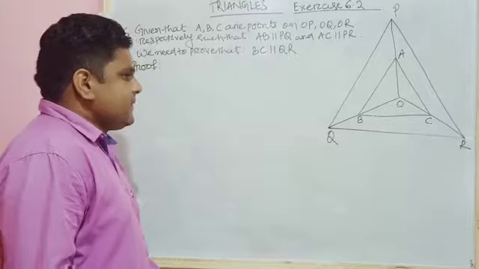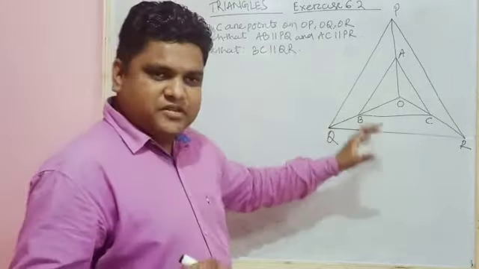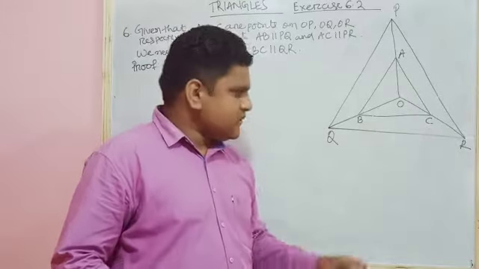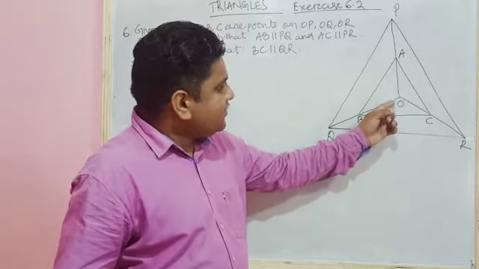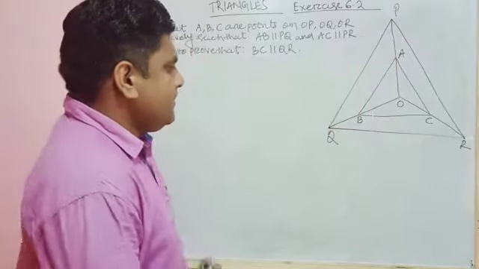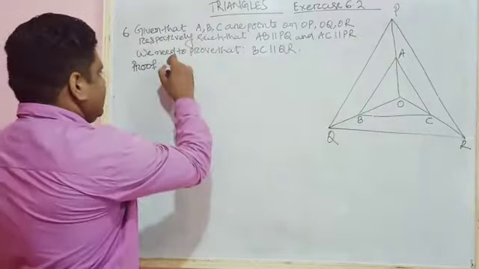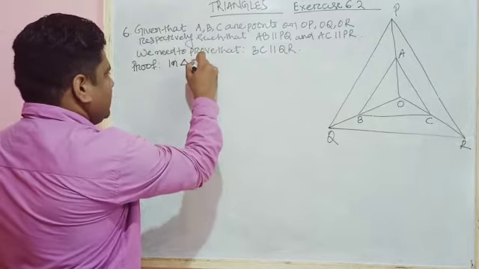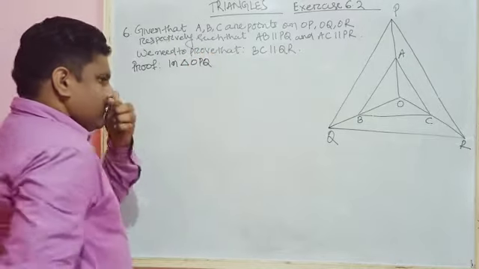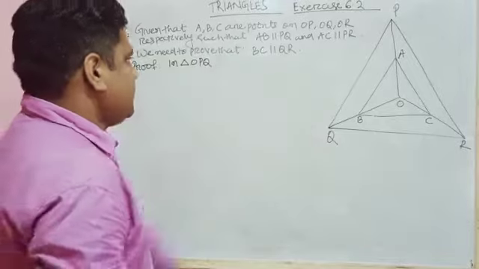Let's prove this. So we have to use basic proportionality theorem for this purpose, and let's take triangle OPQ at first. In triangle OPQ, AB is parallel to PQ.